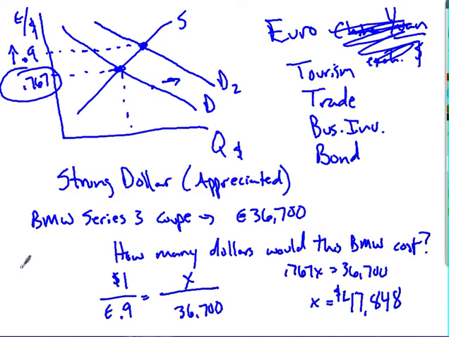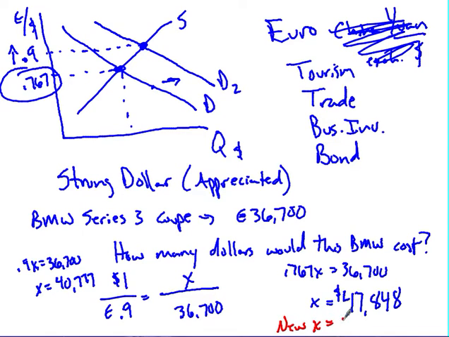Let's just do it over here. So 0.9x equals 36,700, and so therefore x is equal to 40,777. So let me write this over here. So the new price, x, equals $40,777.